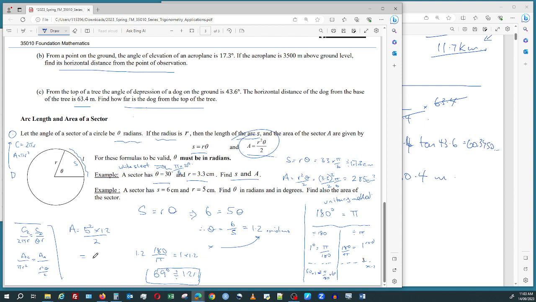So 5 times 5 is 25, and 1.2 over 2 is 0.6, so 25 times 0.6. 10% of 25 is 2.5, so 6 of those is 15 centimetres squared. So those are your answers.